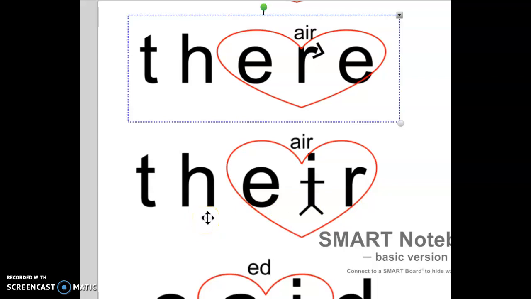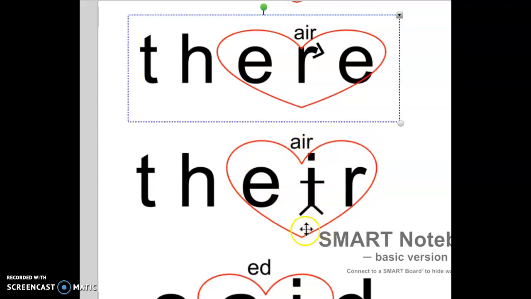And then our next there starts with TH again, so the TH in both words say "th", but this there means a person, something that belongs to a person. So this is their couch or their house. So it's E-I-R, and the I has the person drawn on it. Remember that this is referring to something that belongs to a person.